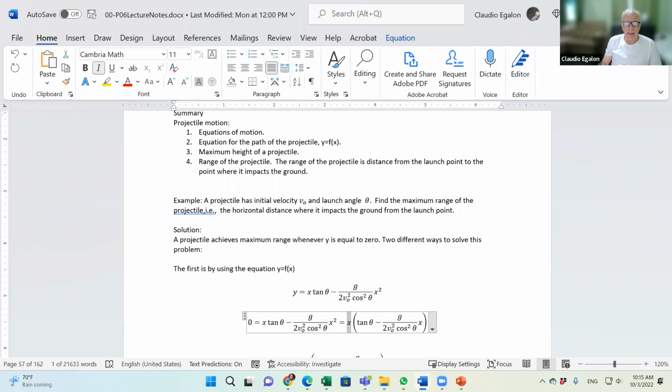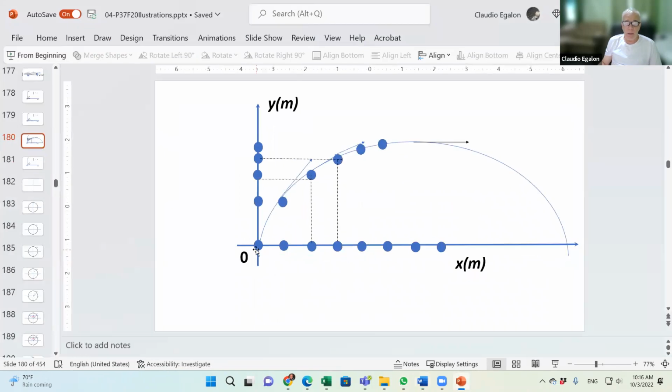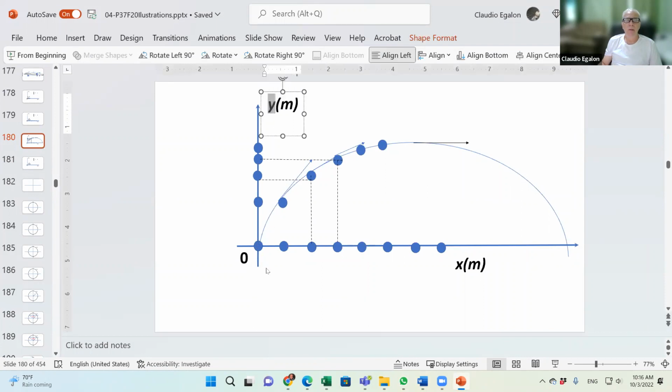One of the roots is x equal to 0, which is exactly what my drawing states, right? You don't want that solution, because you already know that at x equal to 0, the position of the projectile is 0 as well. You want this other solution, okay? So that's the solution that you want.